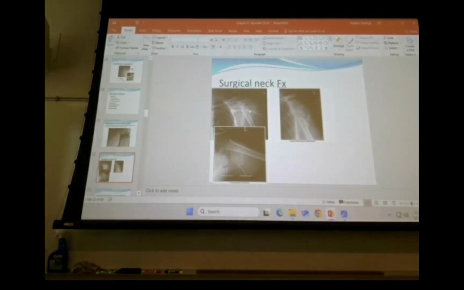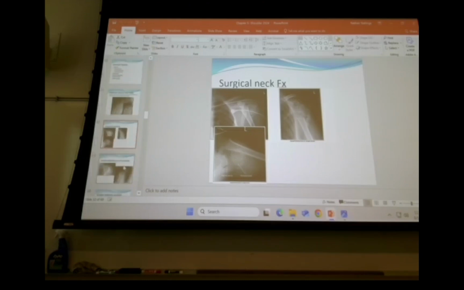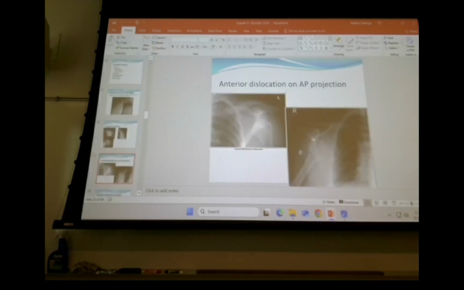All right, so surgical neck fractures. We've got the surgical neck, we've got the humerus, and then we've got the head way over here. I don't know how they got this patient into this position. I think that I would have refused if I'd have seen both of these first. But they got an axillary on this patient with a humeral head completely displaced with a pretty nasty fracture.